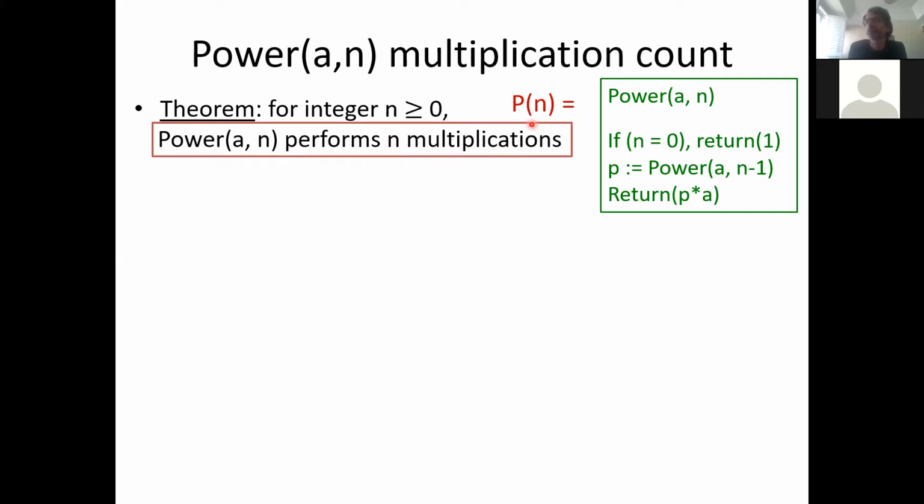And this is your new predicate that you want to prove for all n. Okay, it's not about correctness anymore, it's about the running time. And there are two basic questions about every algorithm. Is it correct? Good. How long did it run? How much space did it need? And so forth, right?